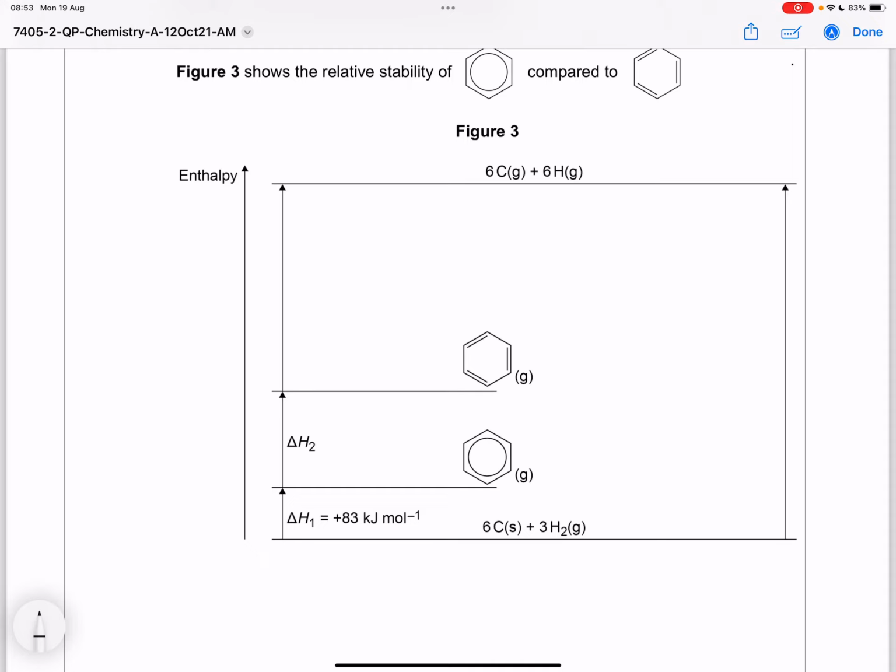What's happening in the third arrow up on the left-hand side, we can see, is that the Kekule structure, which if we remember has a C at each of these points, and each one of these has a hydrogen atom attached, has been turned into 6 gas carbon atoms and 6 gas hydrogen atoms.